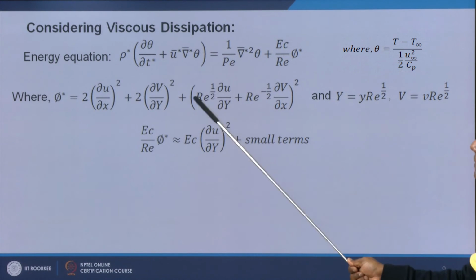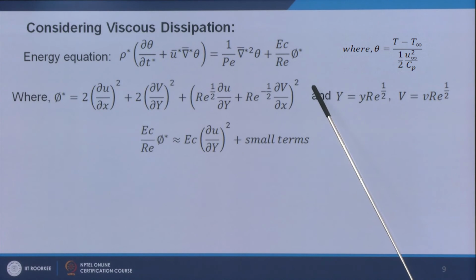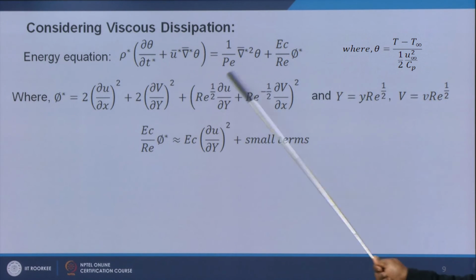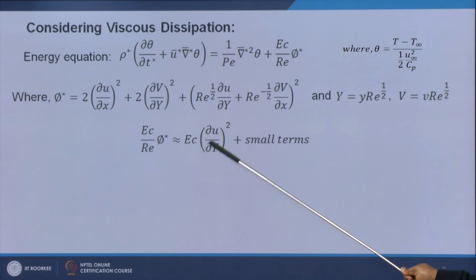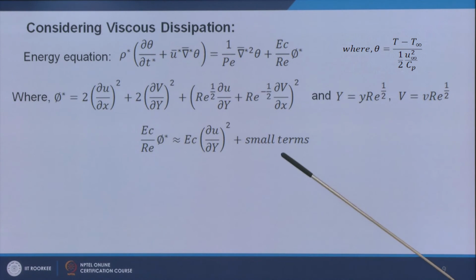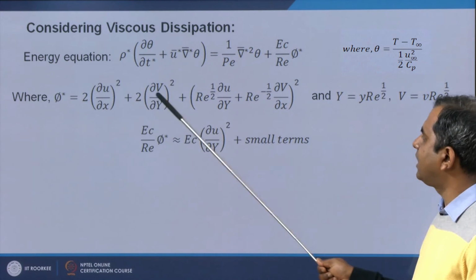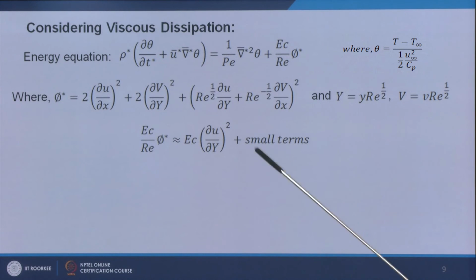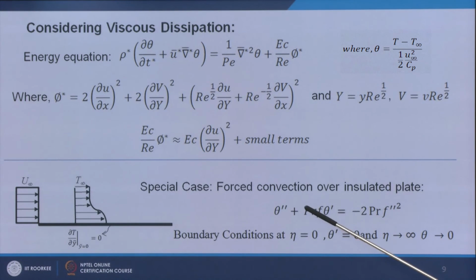If you take this Re to the power half outside with the whole square, this will become Re, and this Re and 1 by Re can be cancelled from the equation. So ultimately Eckert number into del U by del capital Y whole square becomes the dominant term, and all other small terms can be clubbed into this plus small terms. Now if you plug this into the energy equation in the case of constant heat flux, the equation changes in this fashion.